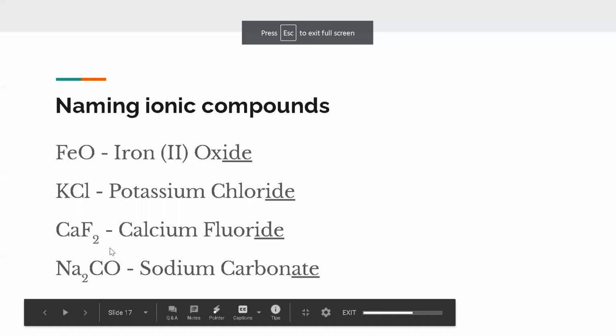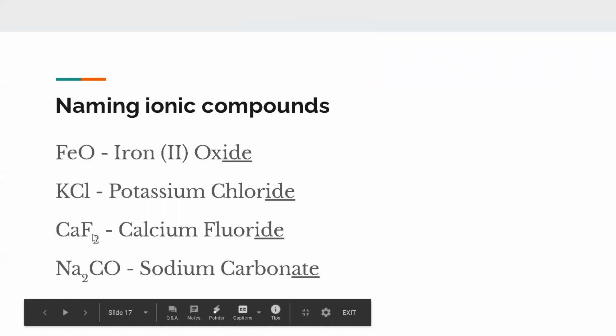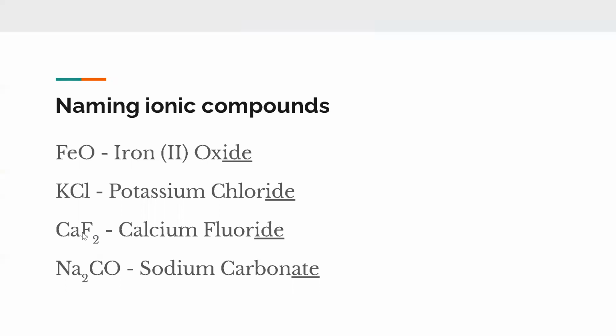Because you would have 2 fluoride ions. Because here it's Ca2 plus and F minus. So in order to balance it out, how many fluorides would you need if it's Ca2 plus and F1 minus? You would need 2 fluorides, right? So then it would be 2 plus and 2 minus. So then it's CaF2 because you need 2 fluorides.